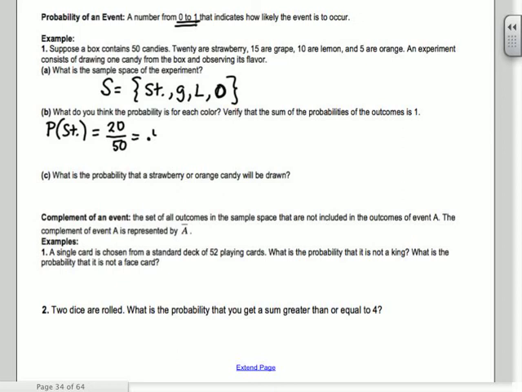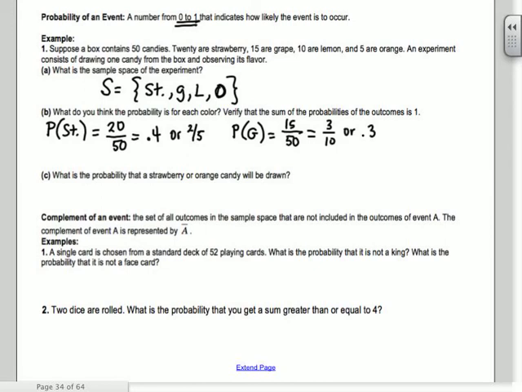We usually write it as a decimal or as a fraction, so you could say 2/5. Then the probability of grape. There's 15 grape out of a total of 50 candies. So 15 out of 50, I would divide by 5 on top and bottom. So 3/10, or 0.3. It's 30%.